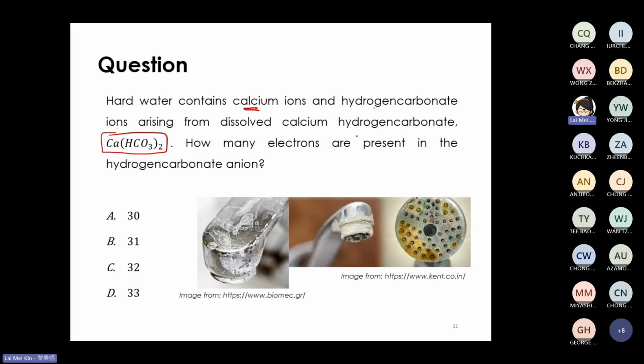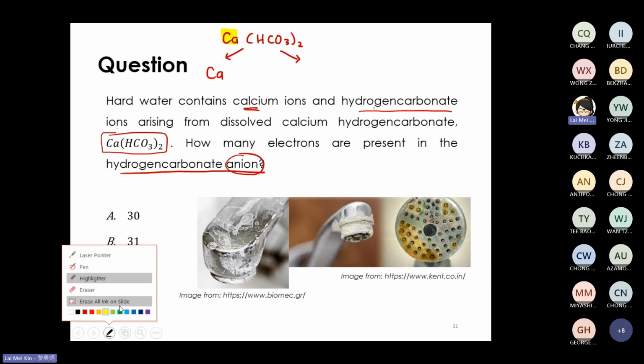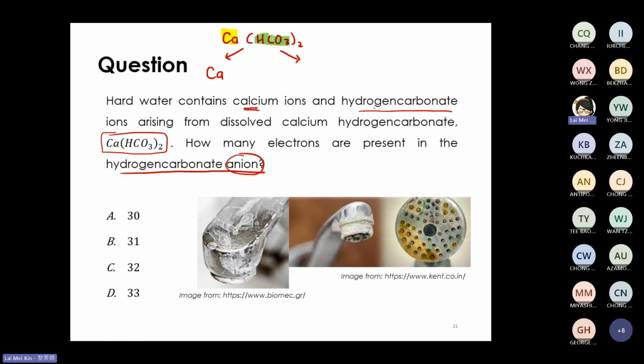All right. How many electrons are present in the hydrogen carbonate anion? What is the formula of your hydrogen carbonate anion from this? You have HCO3. Okay, I'm telling you that this formula unit is made up of calcium ion and hydrogen carbonate. What is the formula of hydrogen carbonate? Okay, if this is calcium ion, this must be your hydrogen carbonate.